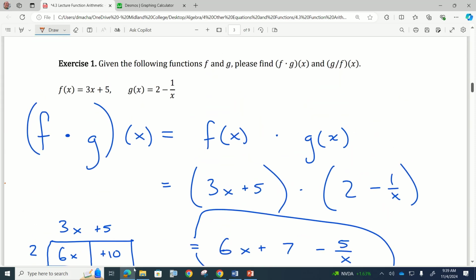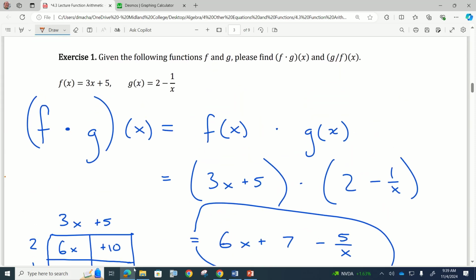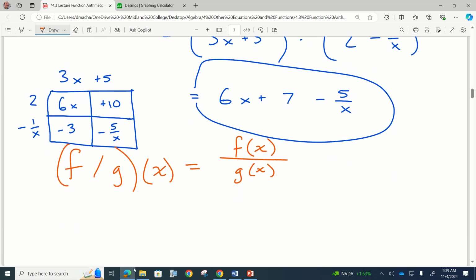Let me double check and make sure that's... Oh, actually, this one wants g divided by f of x. So if I want g divided by f of x, it would be the same idea. It's g divided by f of x. It's g of x over f of x.